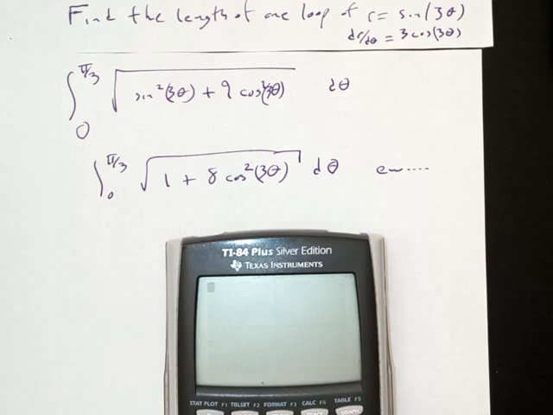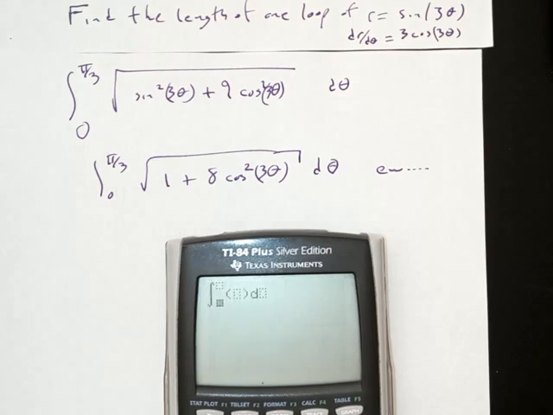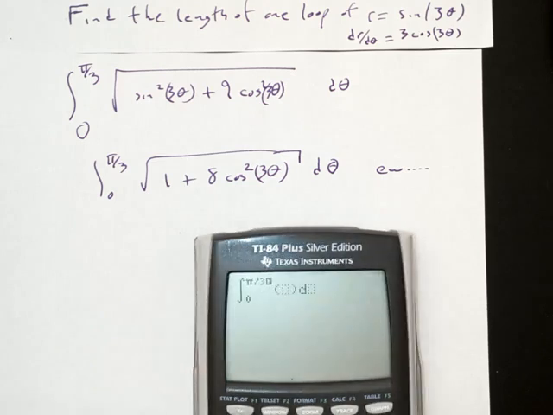Math button. I'll hit the right button. Option number 9 is a definite integral. Now I can put in exactly what this thing says. 0 for a lower limit, pi over 3 for an upper limit, square root, not squared, square root 1 plus 8.